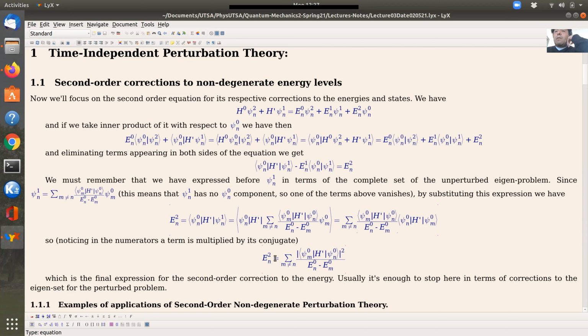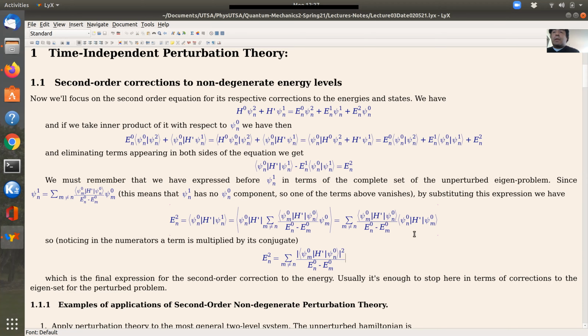The second order correction is the sum over all levels different to the one that you're correcting of this matrix element squared with respect to h prime, divided by the difference of the energy levels E0n minus E0m. Again, having non-degenerate energy levels is quite important, because if not, this would blow up.